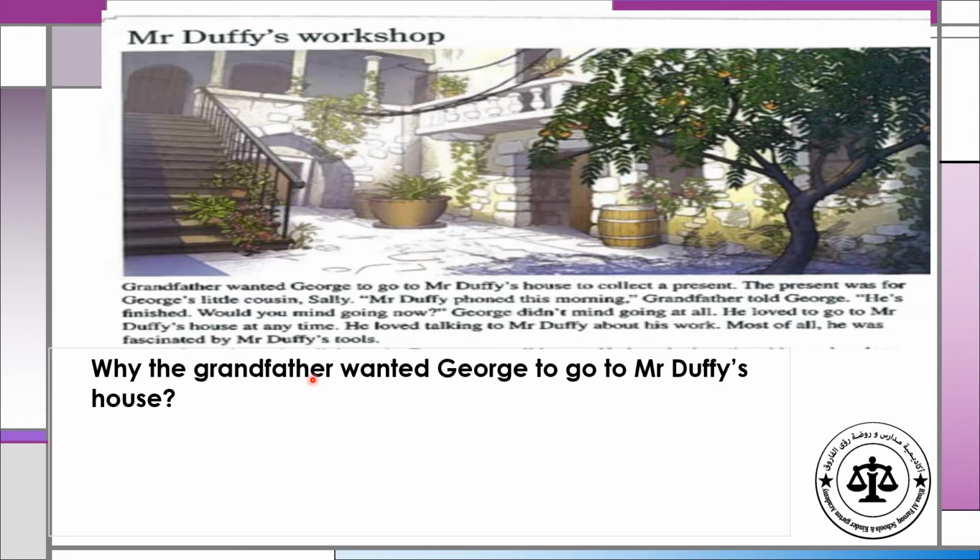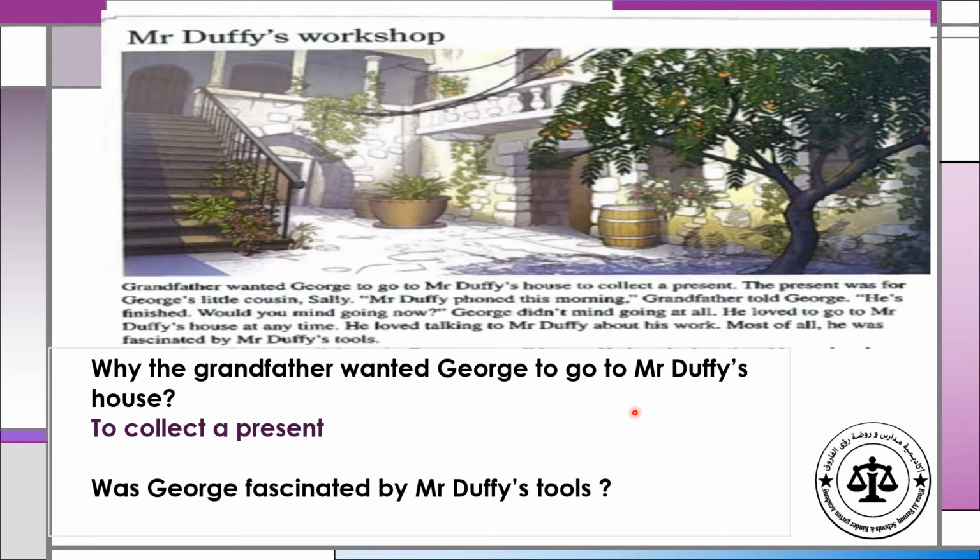To collect a present for the little cousin Sally. Was George fascinated by Mr. Duffy's tools? Yes, he was.